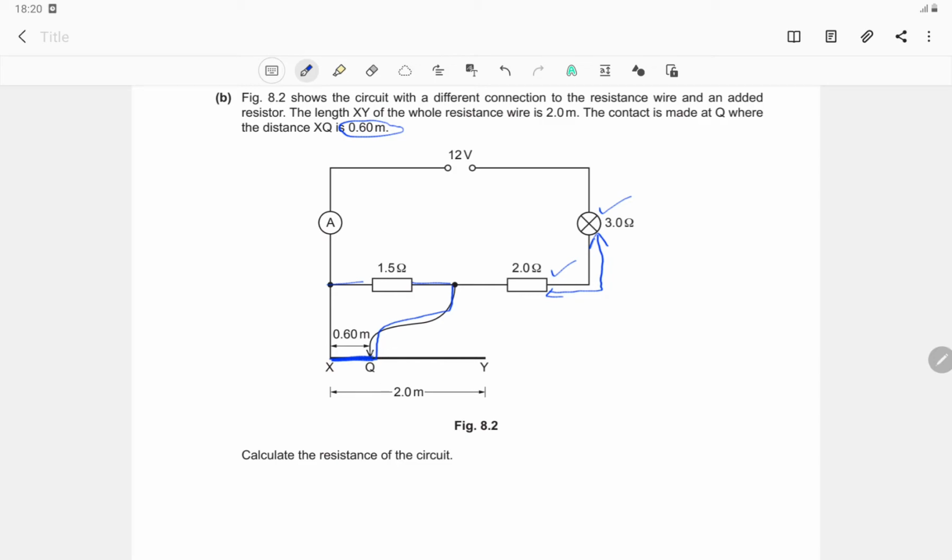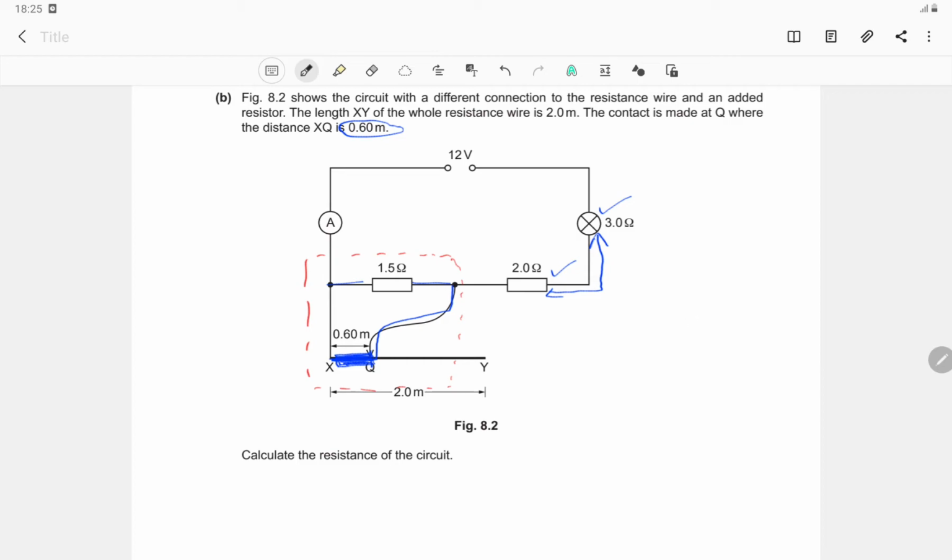So this wire is also acting as a resistance. Here you can see in this combination, the 1.5 ohm and the resistance of this wire make a parallel combination. So in order to find the total resistance, initially you need to find the parallel combination resistance, then you can find the total resistance in series.